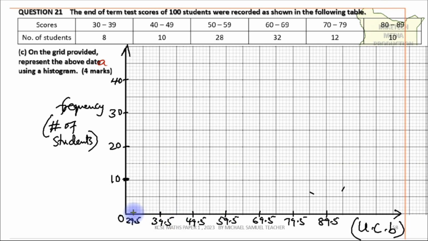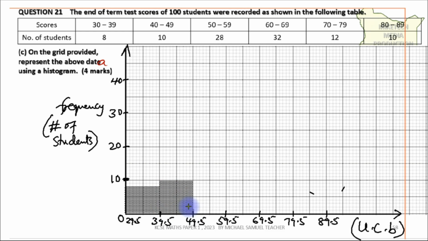So from here we can see the first one is 8, so we have 8 from here, 8. Then the other one, 39.5 to 49.5, it is 10. So draw the histogram there.